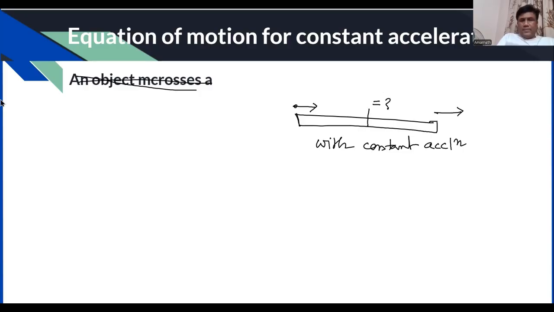It enters the bridge with V1, exits when it goes out of the bridge with V2.